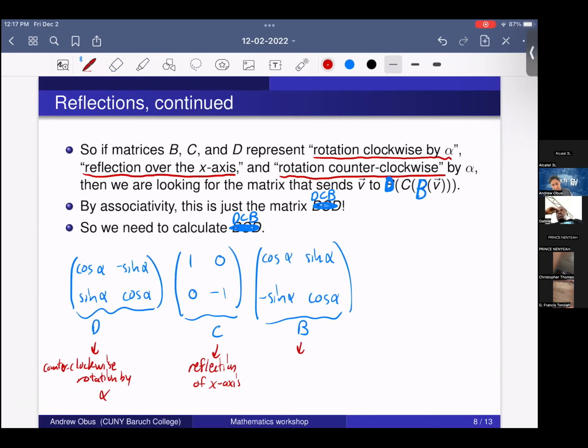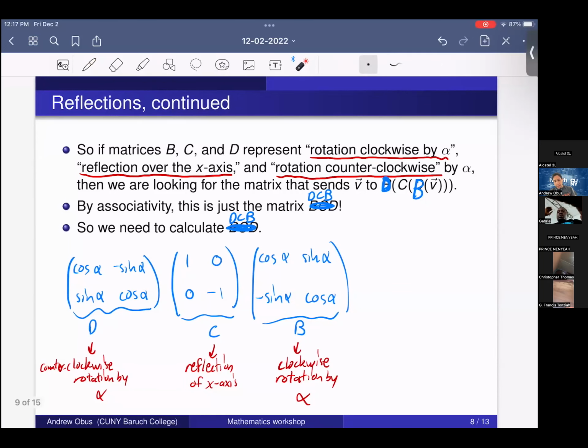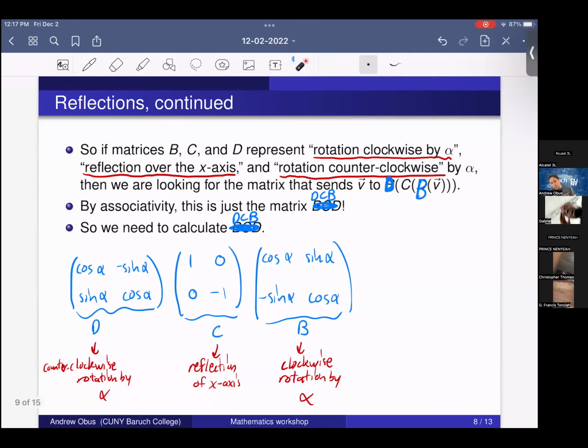This was reflection over the x-axis, and this was clockwise rotation by alpha. So what we need to do is find the matrix that takes a vector V and sends it to, you first multiply it by B, and then multiply it by C, and then multiply it by D.